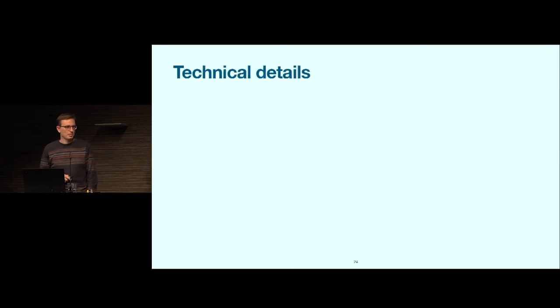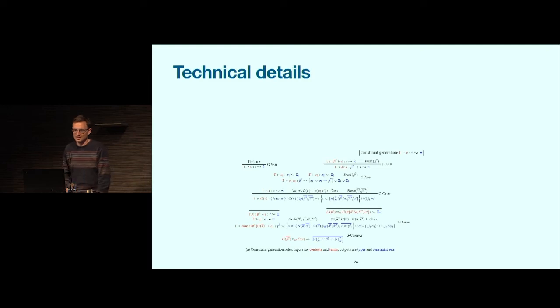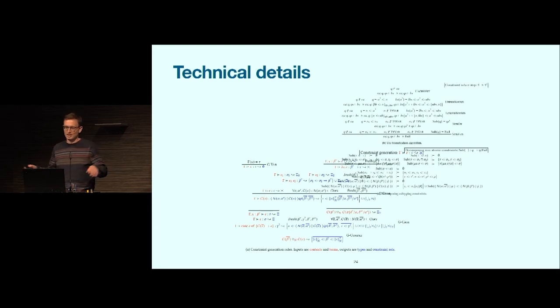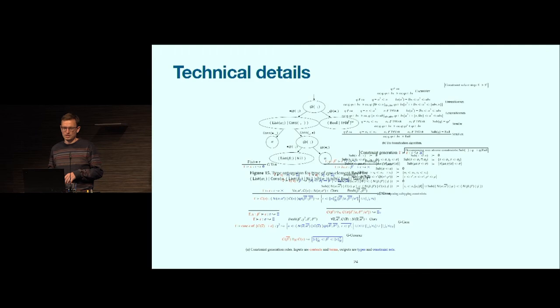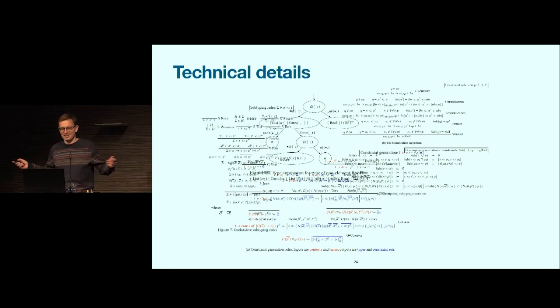And so in the paper, you will find all the technical details. I won't go over them. So there are constraint generation rules: how do we generate constraints for arbitrary user-defined types? How do you solve those constraints? You also have to simplify them, so we encode them in automata and use automata simplification to simplify those types. And there are subtyping rules, but yes, there's no time.